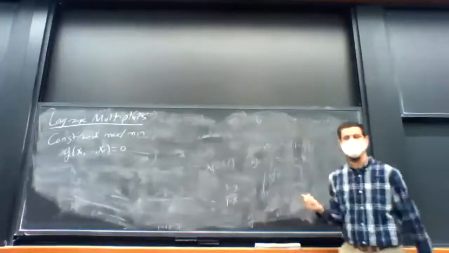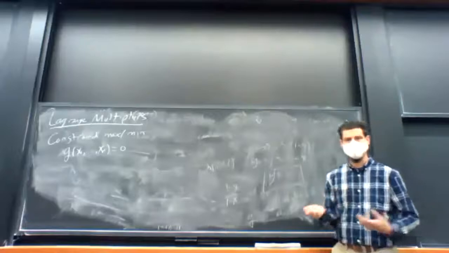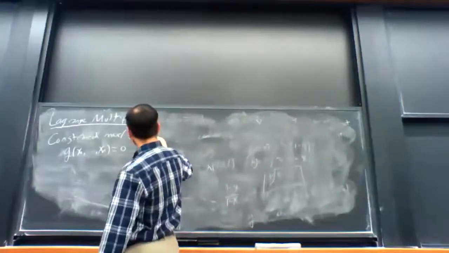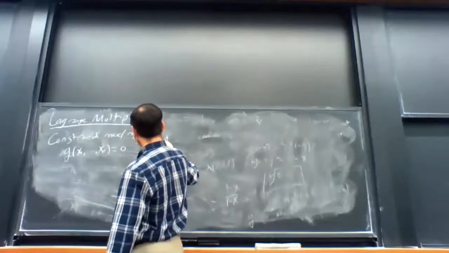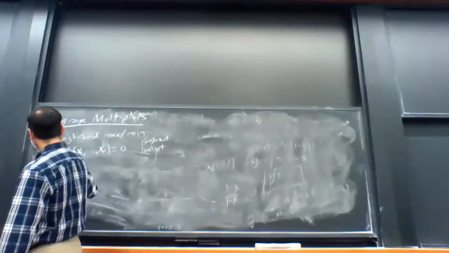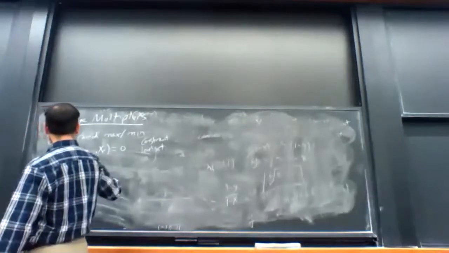Sometimes instead of 0, we say it equals c, or we might give a specific value. Doesn't really matter. This is the constraint. You can view it as a level set. And then we want to maximize or minimize the function f of x1 through xn.